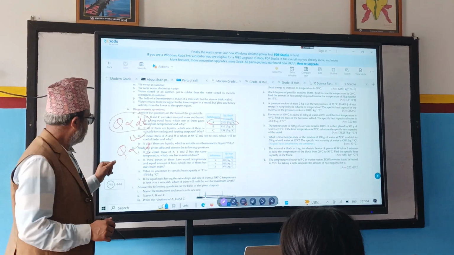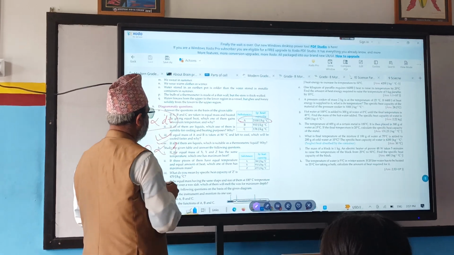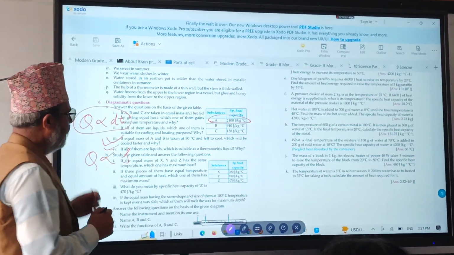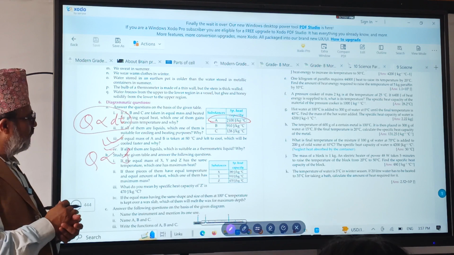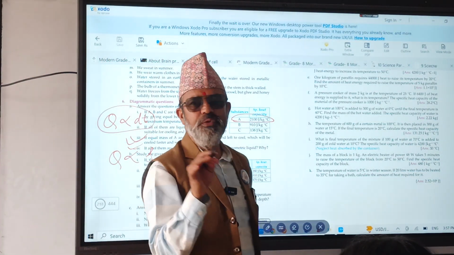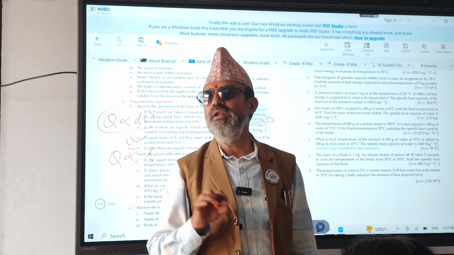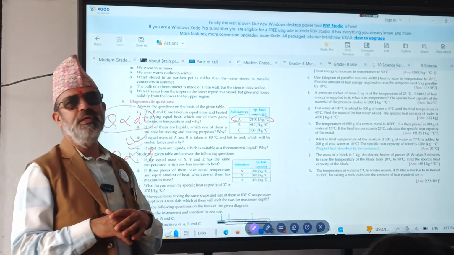Okay. Now let's go to number 4. What does the question say? All of them are liquid, which is suitable as a thermometric liquid? Yeah, you know thermometric liquid. The liquid which is used in a thermometer is called thermometric liquid. Among these three, which one is suitable to make thermometric liquid?